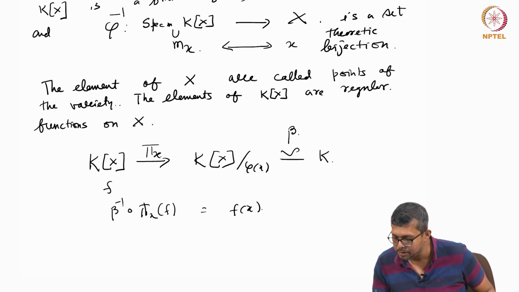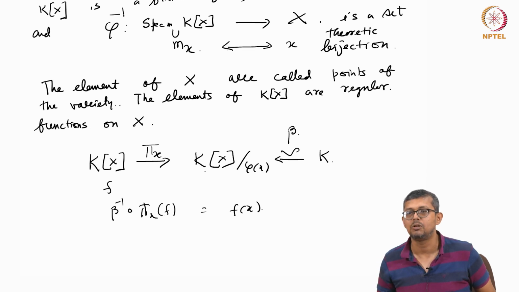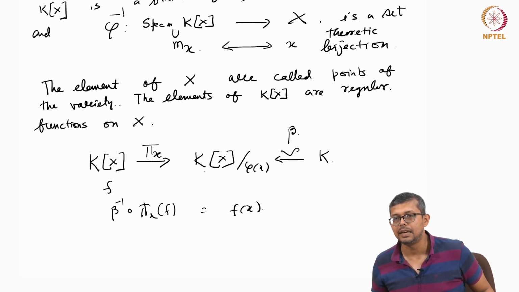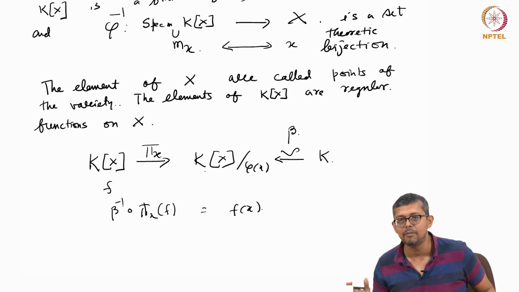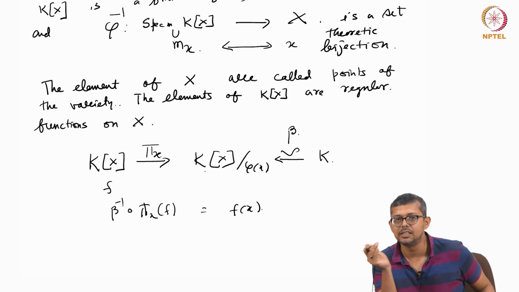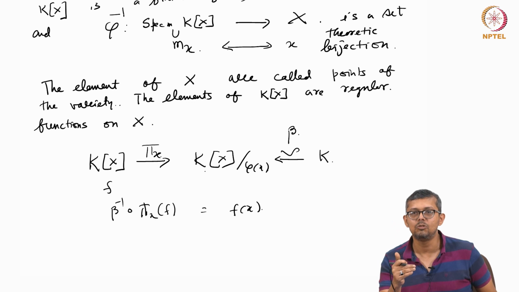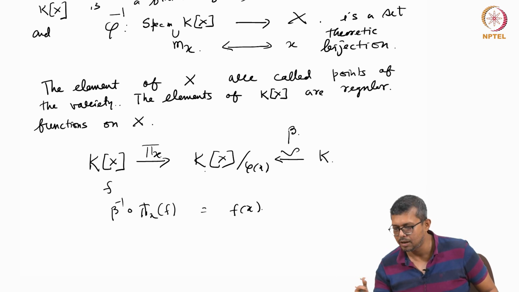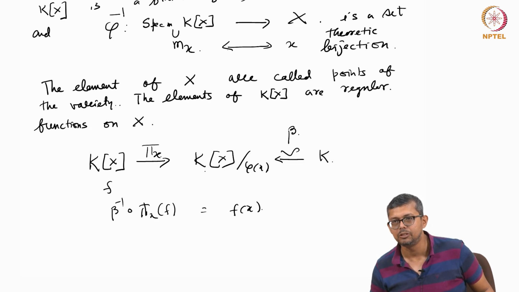Structure map is from K to Kx mod phi x. Kx is a K algebra, so there is a map from K, which sits inside Kx. That is the structure map. And then you are going to Kx modulo phi x. So, there is a map from K to Kx mod phi x. That is why beta is in this direction, and you take beta inverse. And this is a canonical map. There is no choice here.